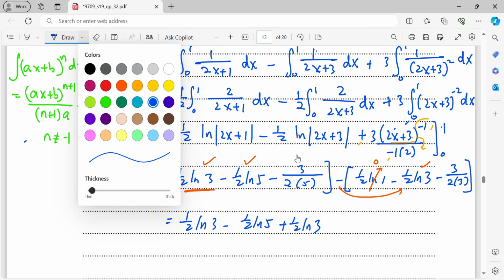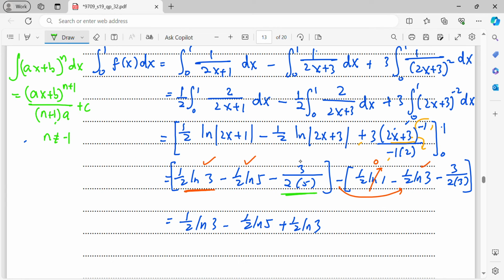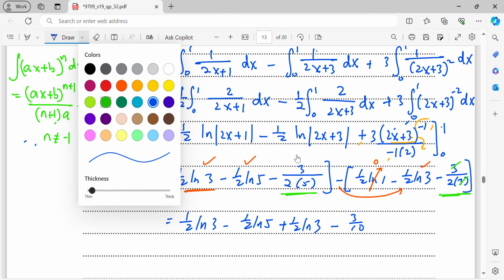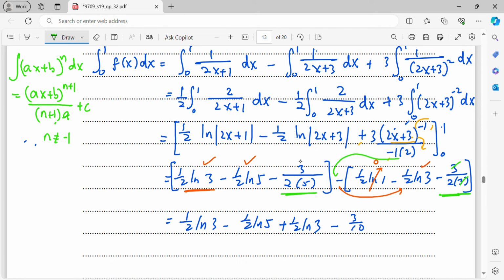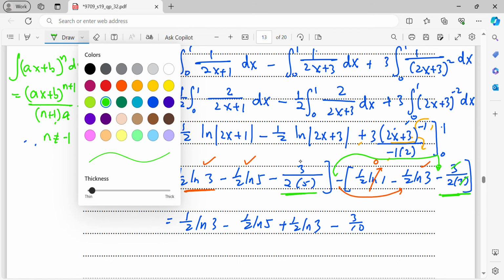And then for the constant, it will be these two terms, but then the 3 can be cancelled off. So I'm getting negative 3 over 10, and then don't forget there is a minus outside. This minus, when you times in, it will be a plus. So I'm getting plus half.